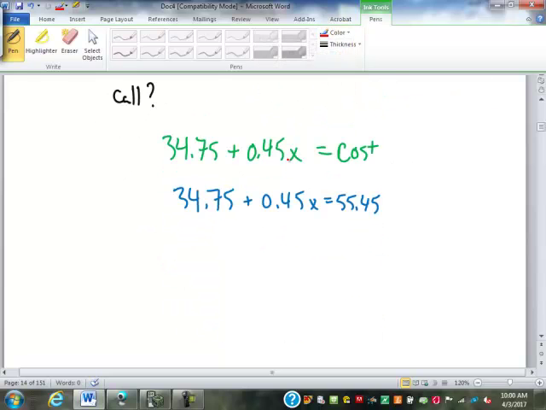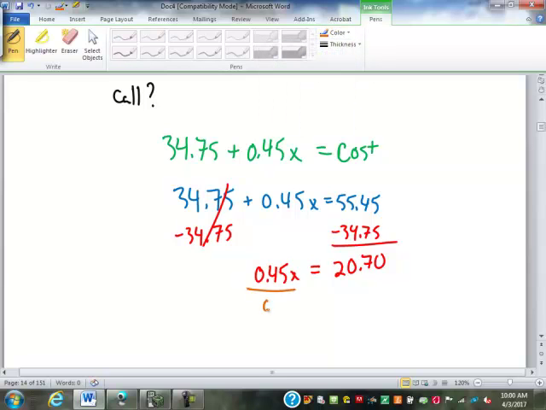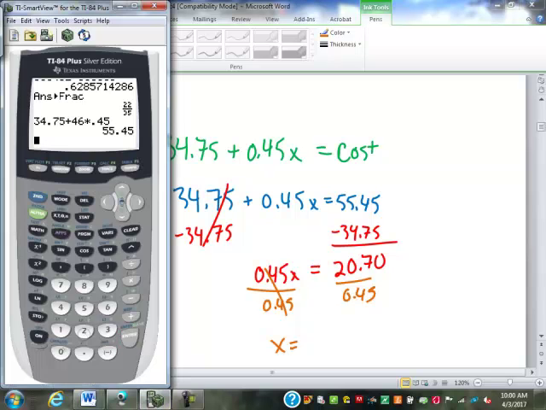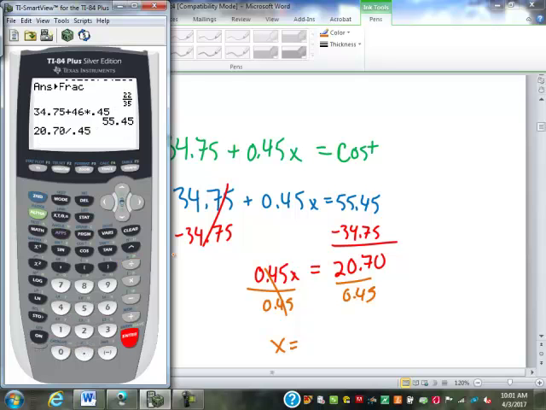And then we solve this just like we did the equations we were doing up above. So I'm going to subtract 34.75. So I got 20.70 equals 0.45x. Now I'm going to divide by 0.45. So x equals $20.70 divided by 0.45. Should give us 46 miles.